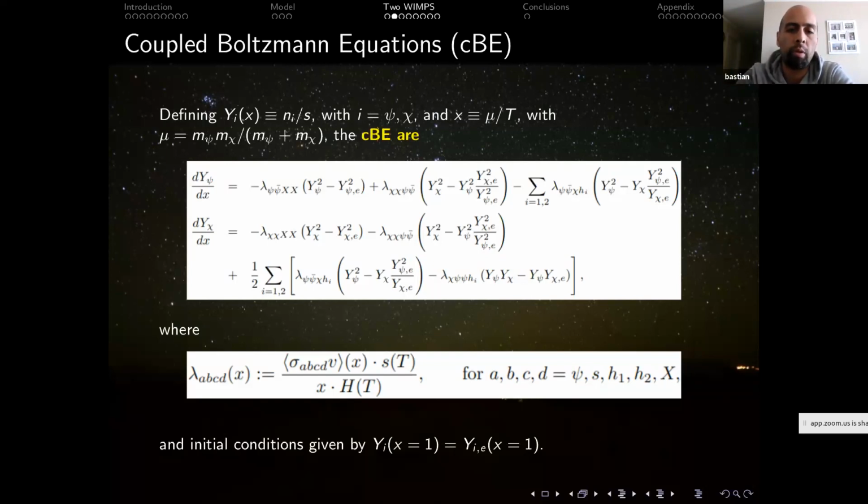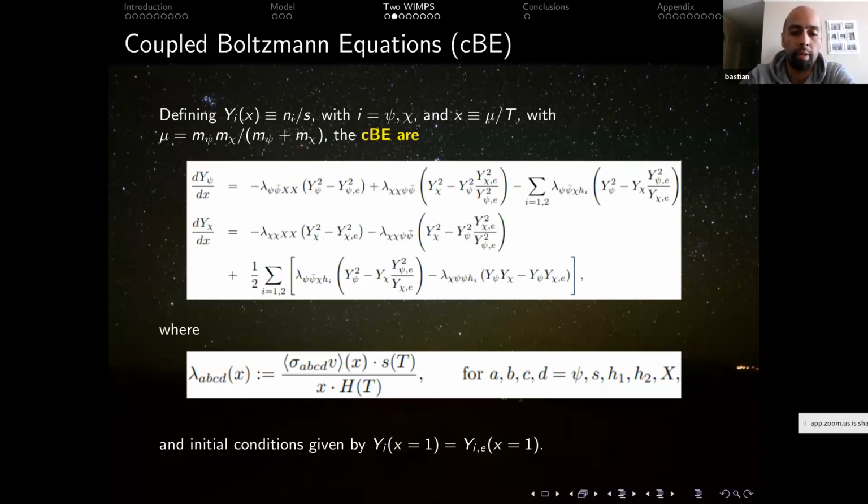So you see a lot of terms in each line. Well, 3 terms in each, 3 in the first and 4 in the second. But they represent the possible interactions. Particular lambdas are proportional to these cross sections, each of them for its corresponding processes.